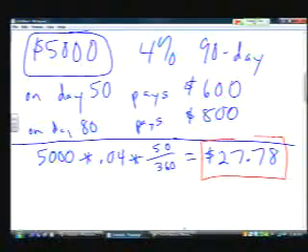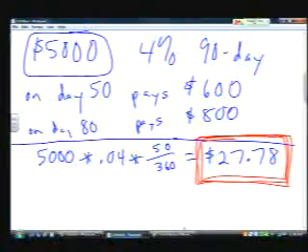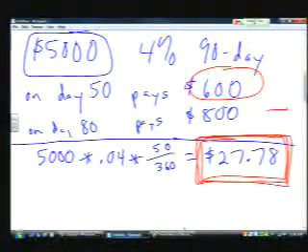This $27.78 goes into the bank's interest cha-ching drawer. That $27.78 goes cha-ching, and they put that in their drawer. They're not going to subtract that off of what you owe. So you're going to take the $600 and subtract this $27.78. Now they're only going to subtract $572.22. That's what you get if you subtract those two from your $5,000 principal.